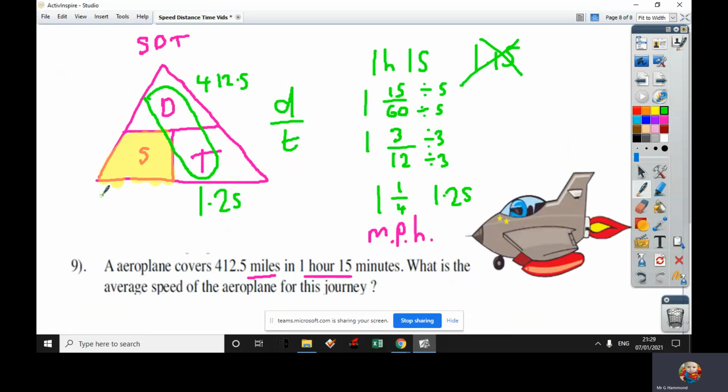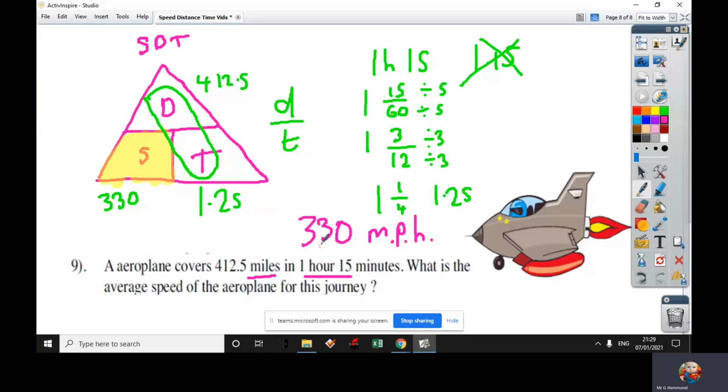So go back to your speed, 330, and we've already said that because it was miles and hours, this is miles per hour. So your final answer to this question is 330 miles per hour. Now that sounds fast, but don't forget when you see an army fighter jet flying overhead, it is going absolutely super fast. So 330 miles per hour is probably about right.